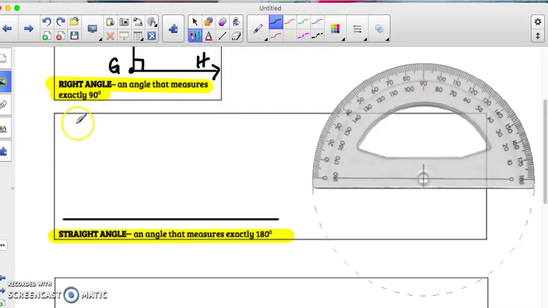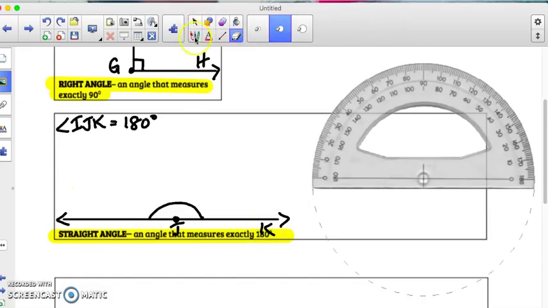So we did FGH, so we're going to go IJK equals 180 degrees. And then that indicates, so it actually doesn't matter which side you draw that curved line on because either side will be 180 degrees. So you have IJK, let's just erase that one here.